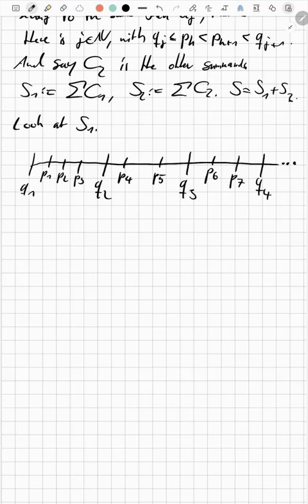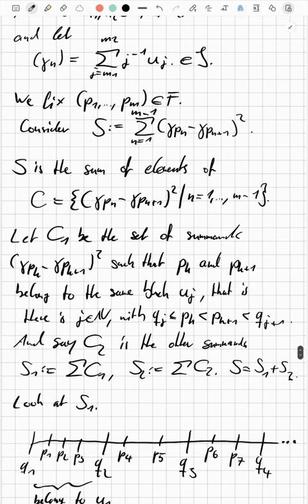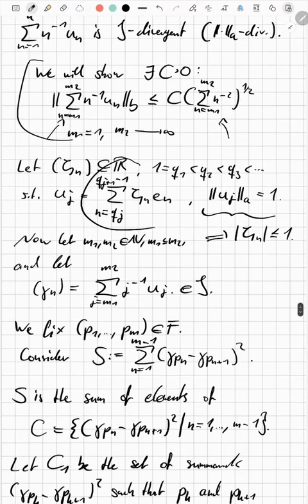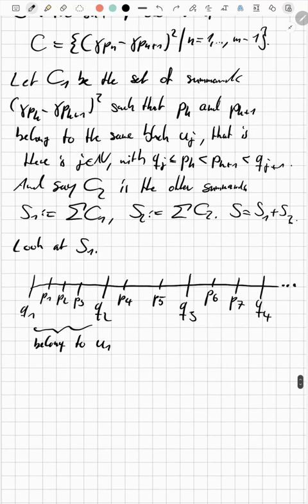So here in this example, the p1 and p3 belong to u1 because u1 is made out of these factors right here, going from q1 to q2 minus 1. So u1 is exactly this block right here. And these don't belong to the same block, right?